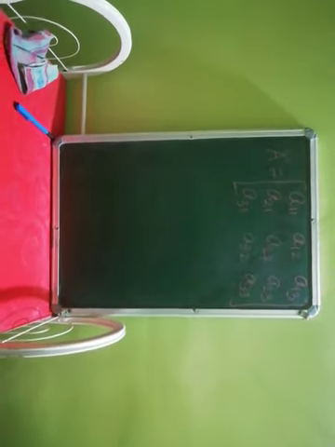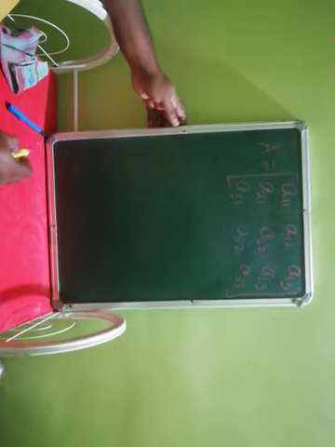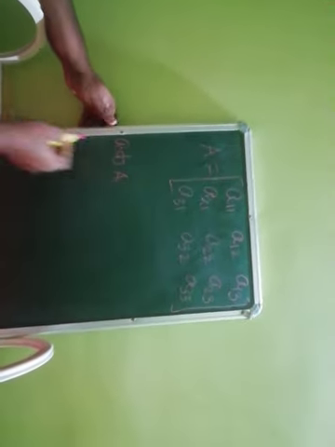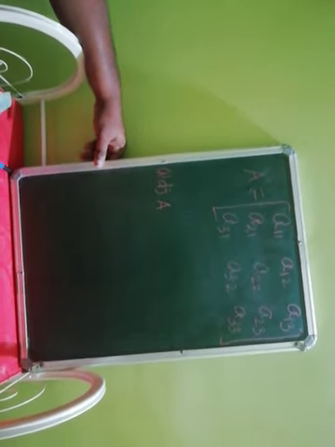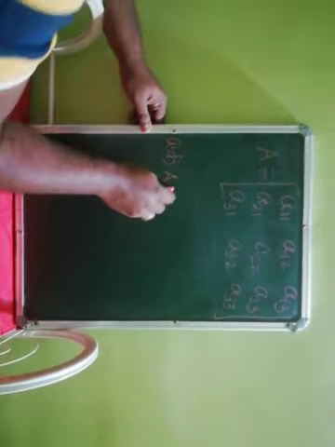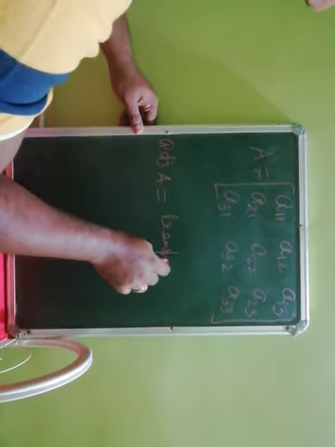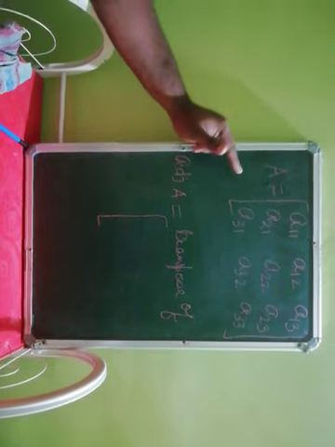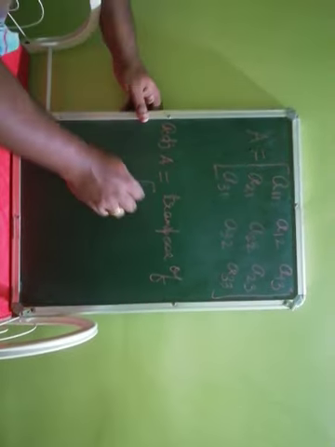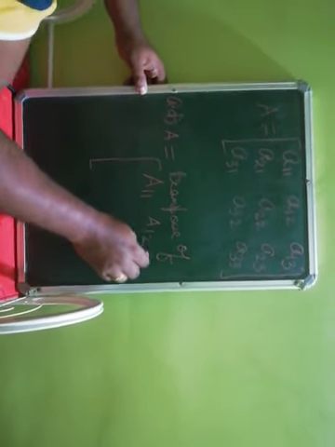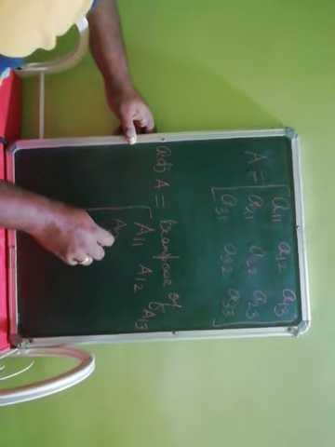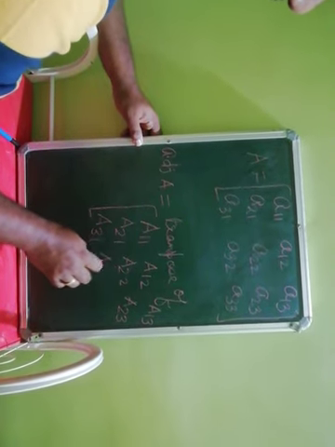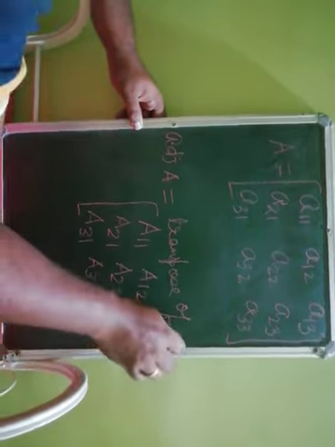This is the given matrix, and if we have to find the adjoint of A, symbolically we write adj A, which is the transpose of the matrix whose elements are the cofactors of corresponding elements of matrix A. So that is capital A11, A12, A13, A21, A22, A23, A31, A32, A33.